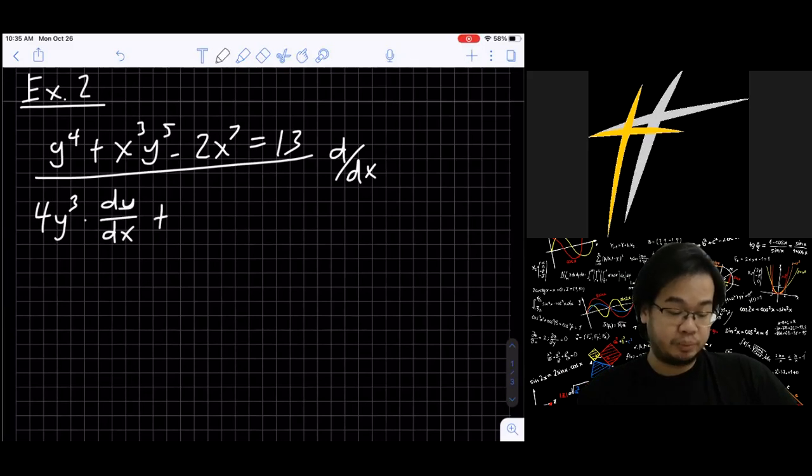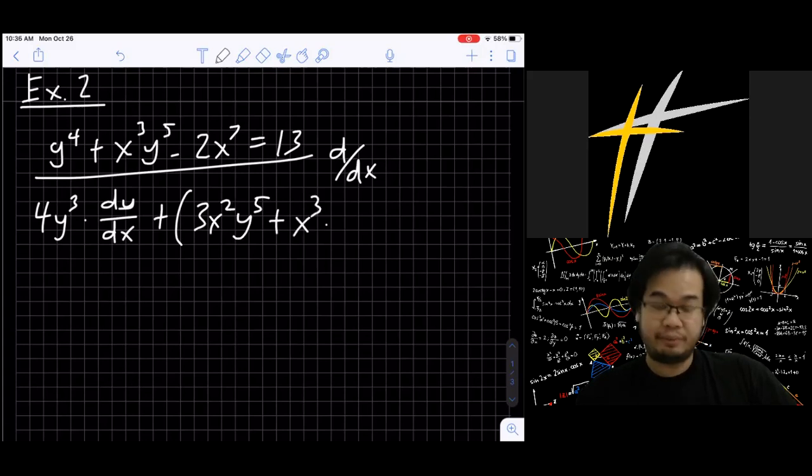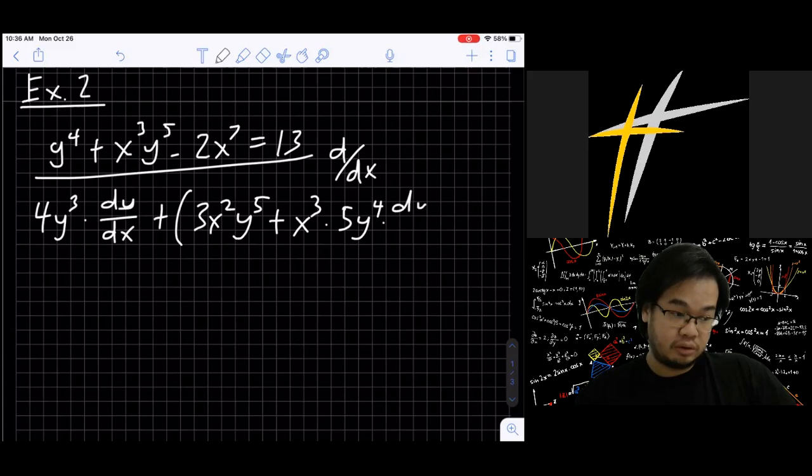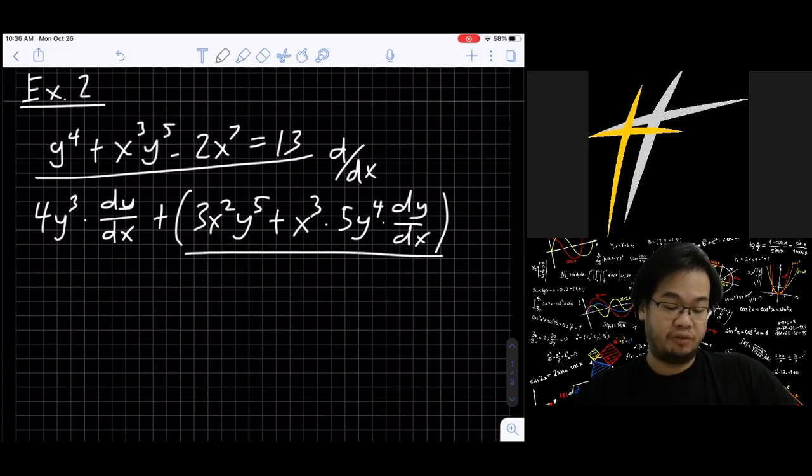Plus x cubed y power of 5. This is a product of two functions, so it's u prime v plus u v prime: 3x squared y power 5 plus x cubed times 5y power 4 times dy dx. This is the derivative of x cubed y power 5 with respect to x.